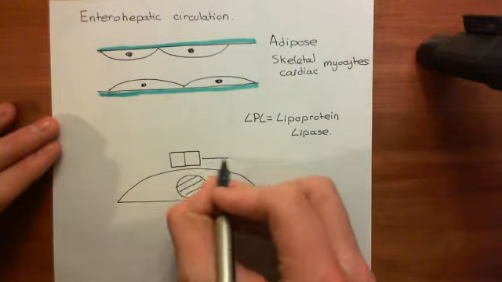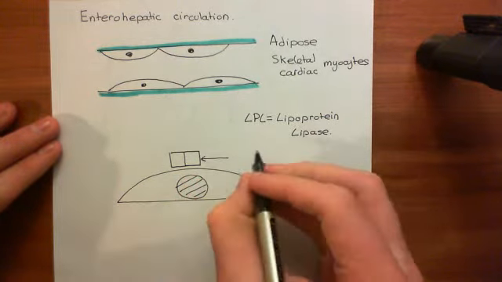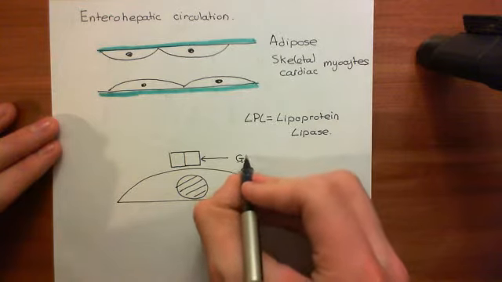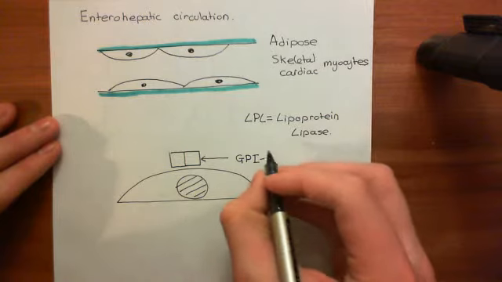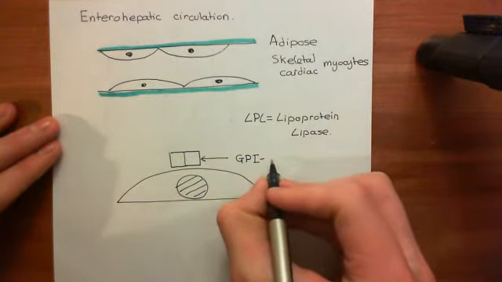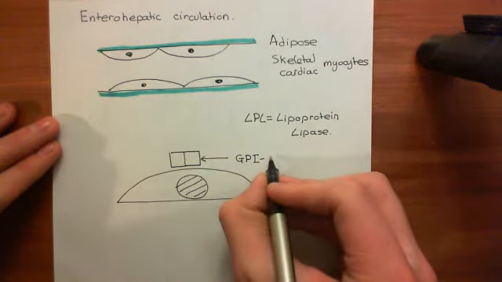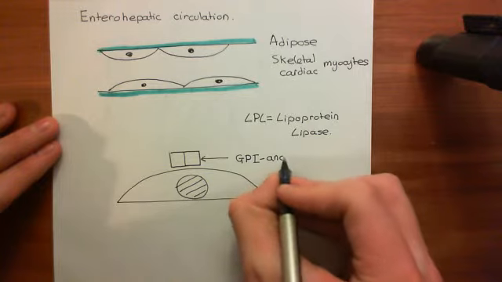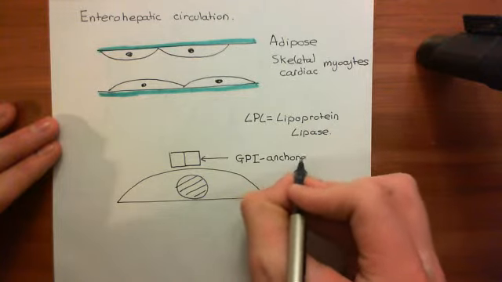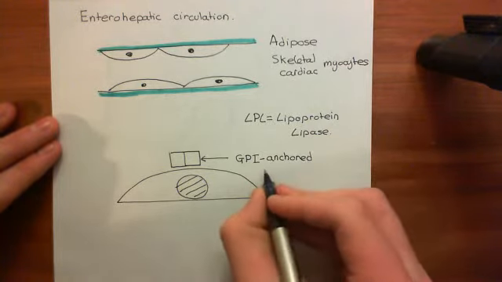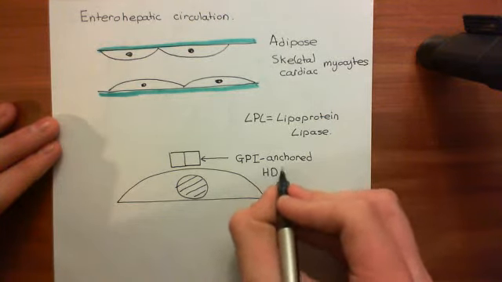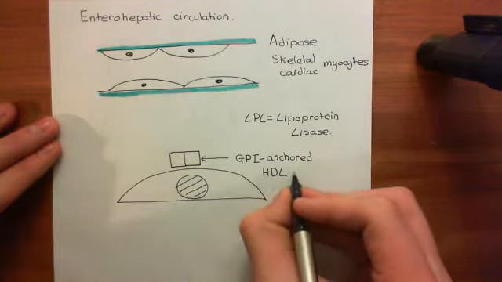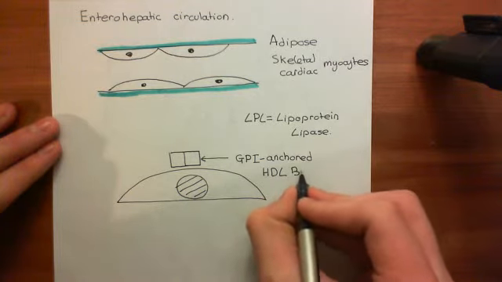Here are these two molecules, and these are what are known as GPI anchored high-density lipoprotein binding protein 1. We'll discuss what GPI anchored actually means in a moment. I'll abbreviate high-density lipoprotein to HDL.